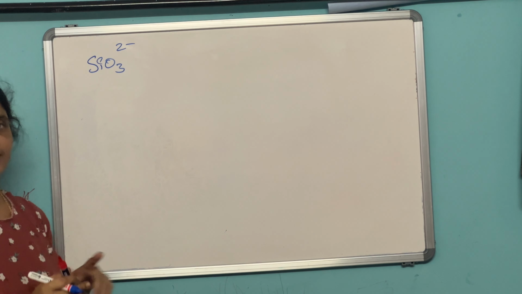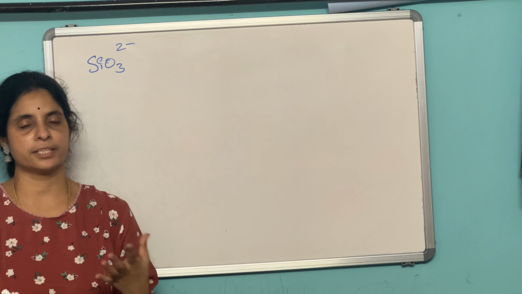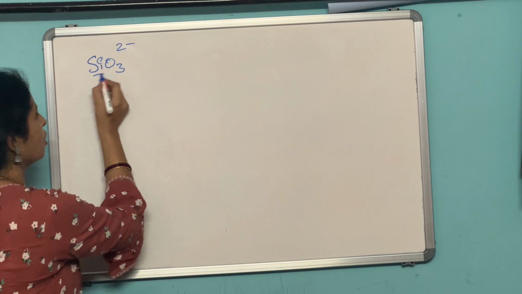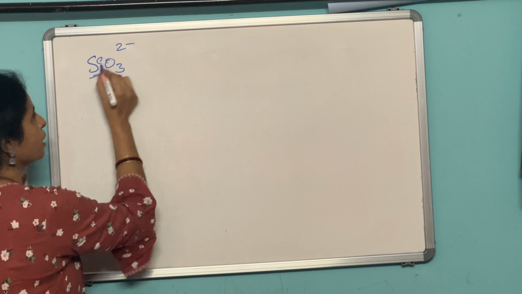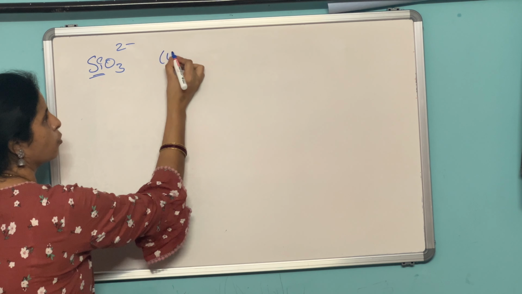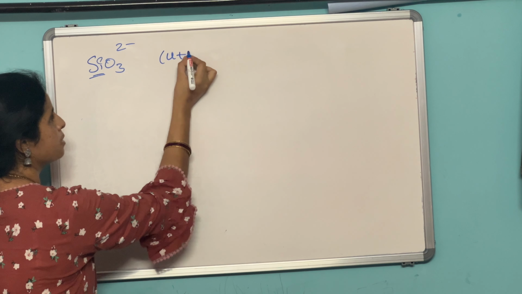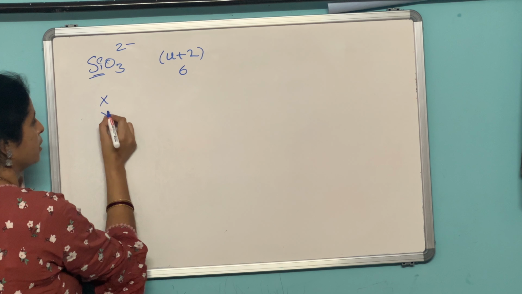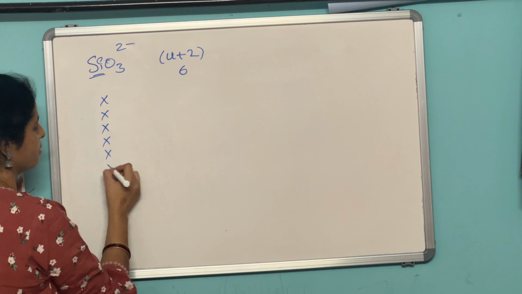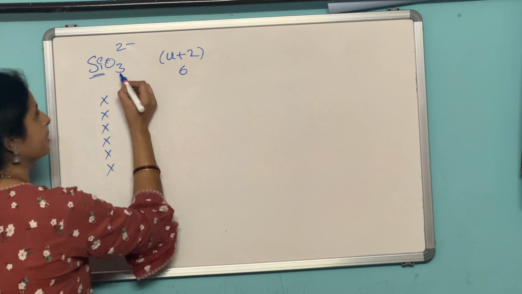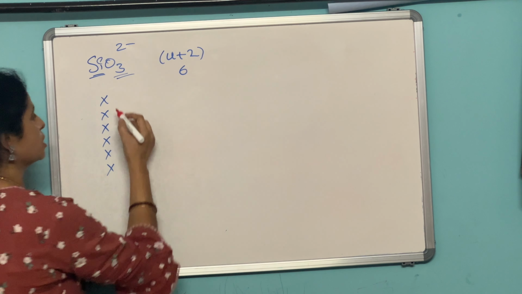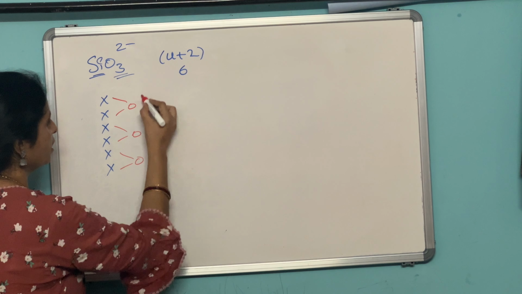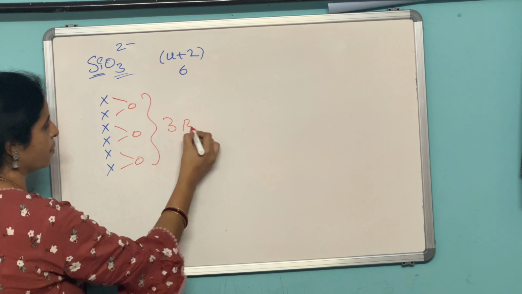In the next example I have taken oxygen, so if any confusion is there, that will be clear. Here silicon belongs to 4th group. Here it is an anion, so central atom group number +2. 2 minus is there, so 6. 6 means 1, 2, 3, 4, 5, 6 cross marks. And here 3 oxygens are there, so each oxygen 2 cross marks. So how many bond pair of electrons? 3 bond pair of electrons.